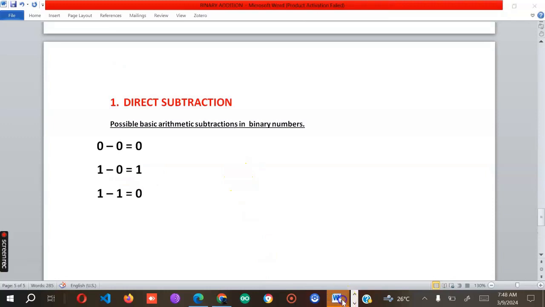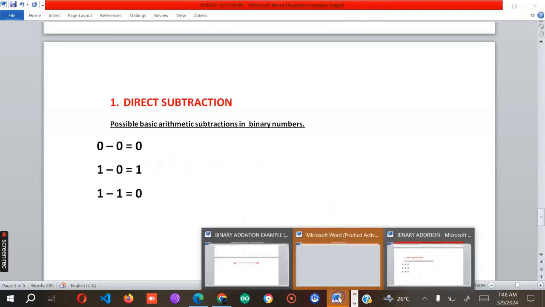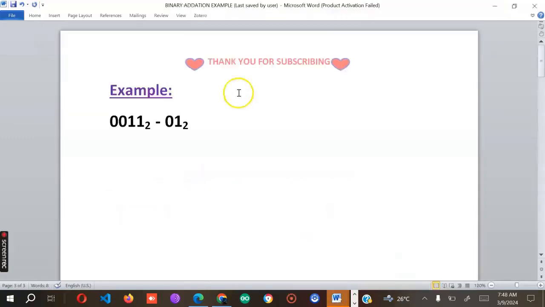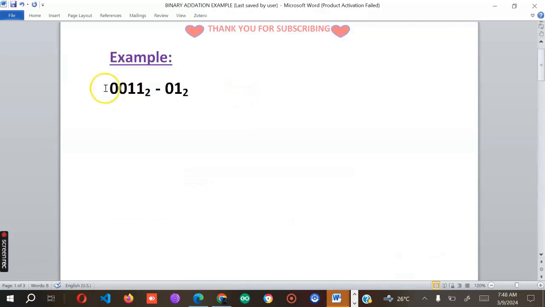Okay, having done that, let's move now to the example so that you can practice using the principles that we have highlighted here. So we have our first example where we have 0, 1, 1 base 2 minus 0, 1 base 2. So we are supposed to subtract this one from the other.